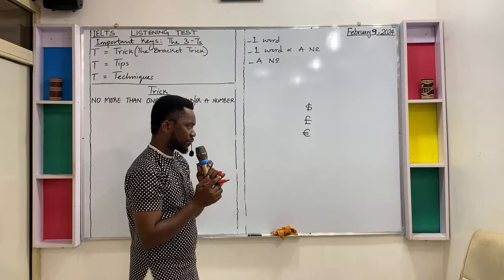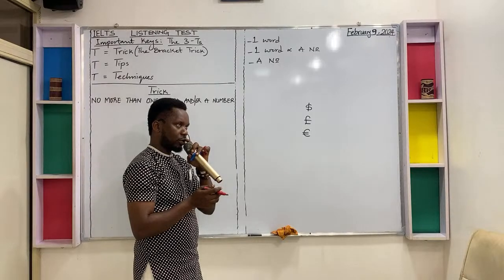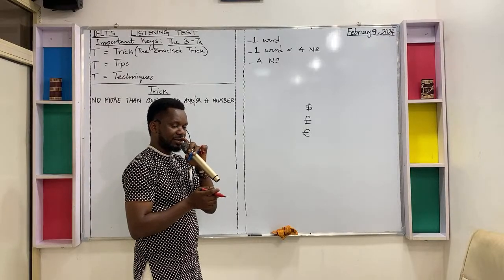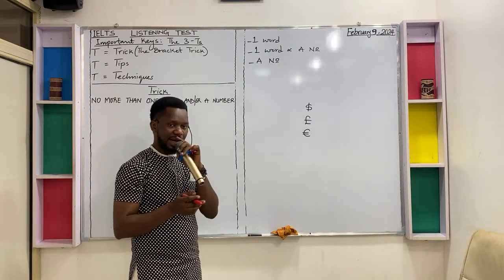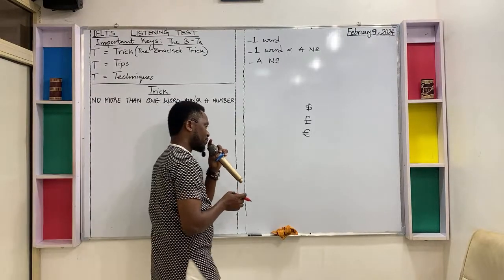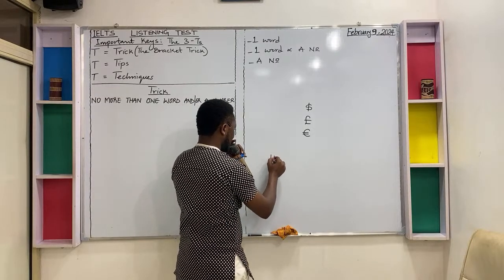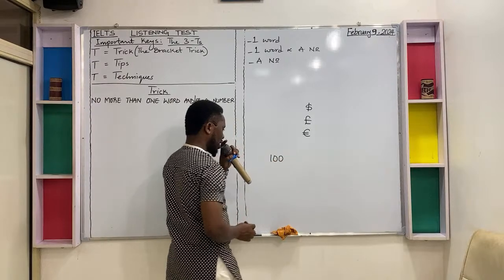Okay. For those of you traveling from Yokohama to Shanghai during peak hours, you are advised to get your funds ready as you would be paying $100.50. How do you write $100.50?